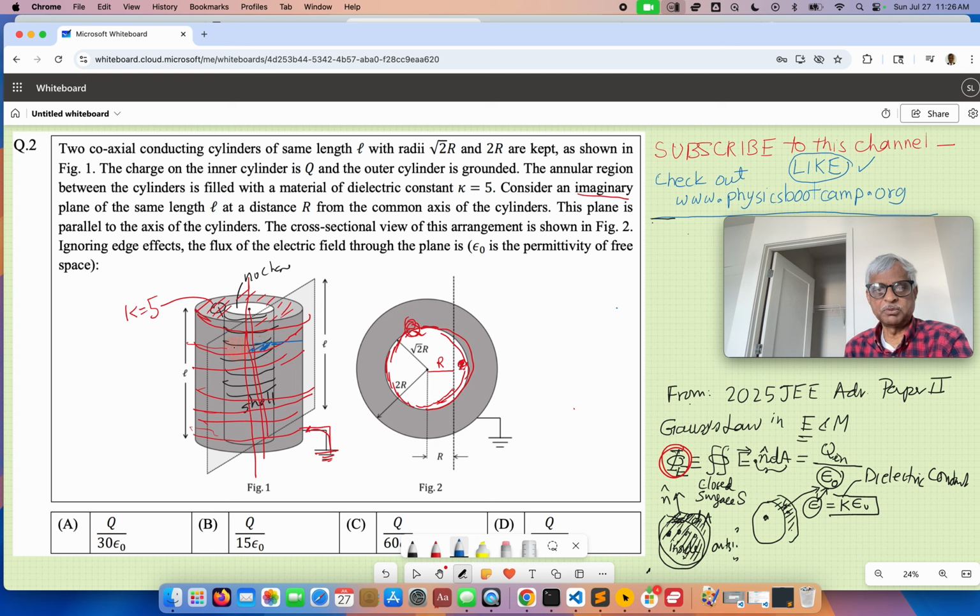It starts from the surface, going in the radial direction outward, and this will be the case in every direction.